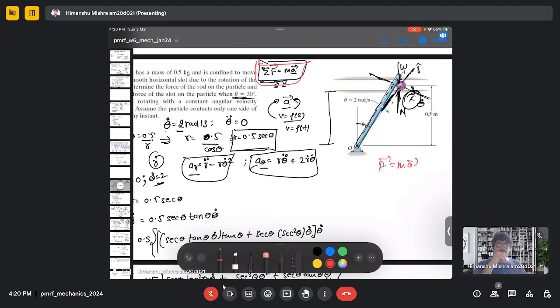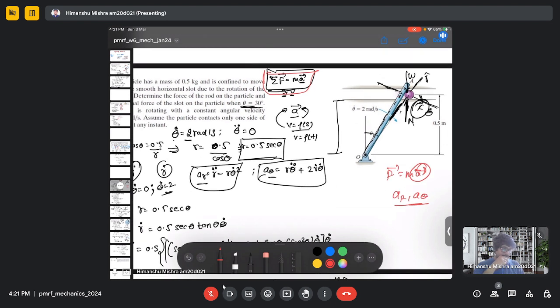And in order to use this equation, you should know the acceleration. So first you need to find the acceleration, which is ar and a theta. And to find this, you need some input from the kinematics, like the distance or the velocity.